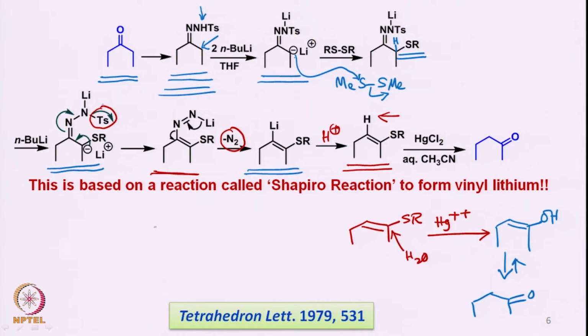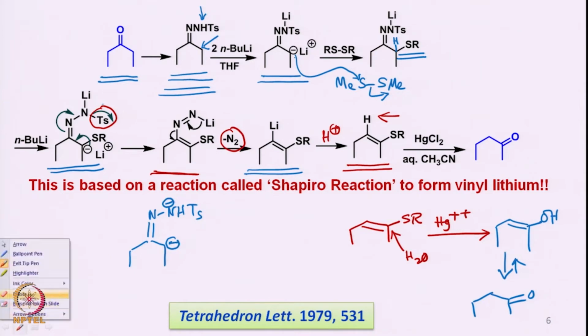So, the Shapiro reaction is nothing but similar, where a tosyl hydrazone is there. Once you have a tosyl hydrazone, you form a dianion from here. So you have an anion formation here, and you will have an anion formation here if you simply remove the nitrogen from here.